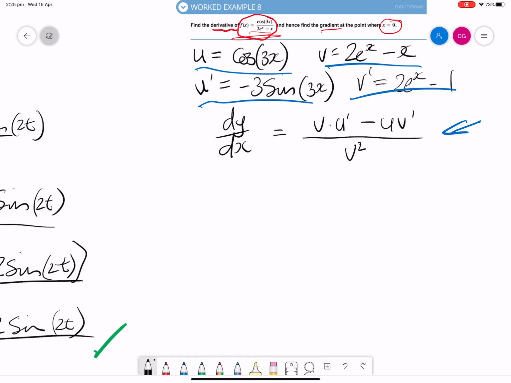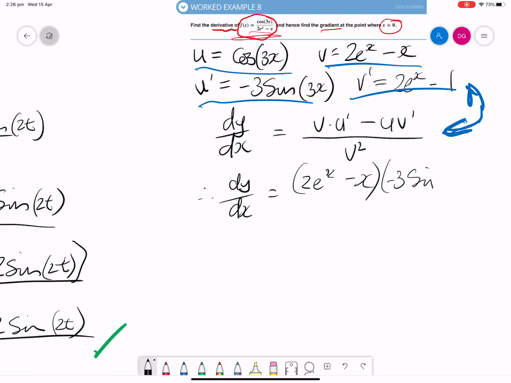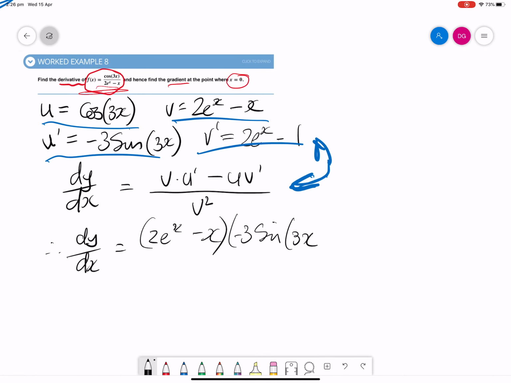So now I'm going to substitute the things that I know from up here into this equation down here. So, therefore, dy dx is equal to v times u dash. So I've got 2e to the power of x minus x, and I'm going to put some brackets around these, times u dash, which is negative 3 sine 3x. I'm going to need some more space. Brackets.